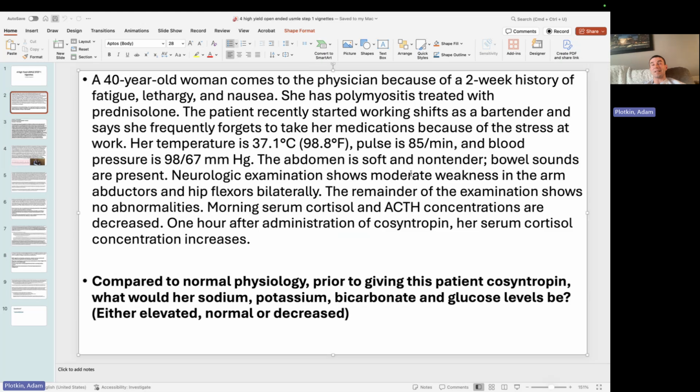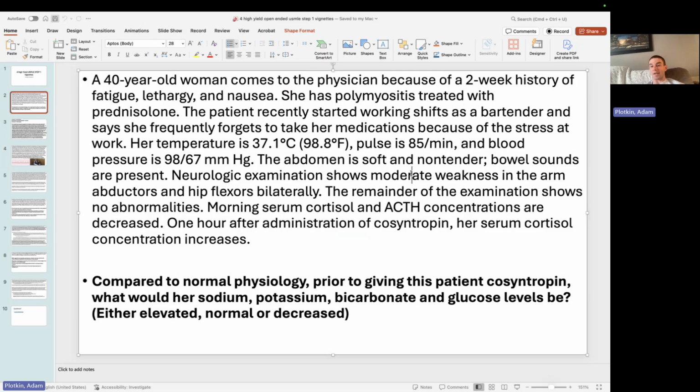We don't need to make ACTH. We're getting all the cortisol we need, all the glucocorticoids from this pill. So you stop making ACTH, all right? So there's less ACTH going down to the adrenal glands, and ACTH is adrenocorticotropic hormone. So if we're not getting that trophic effect, the adrenal glands slowly start to atrophy, all right?